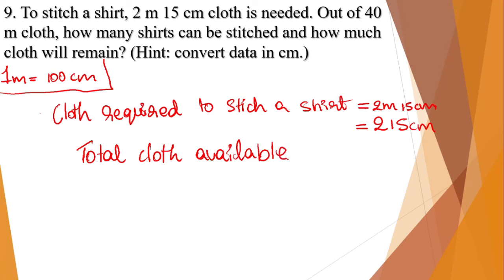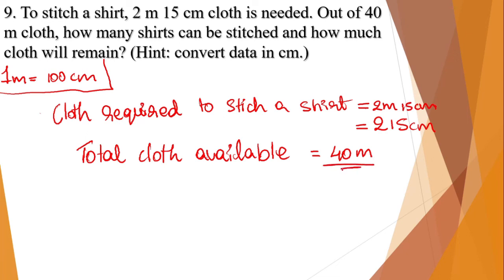So what is the total cloth available? It is 40 meters. Now total cloth which we have to stitch the shirt is 40 meters, right? Now the total cloth available will be 40 meters.